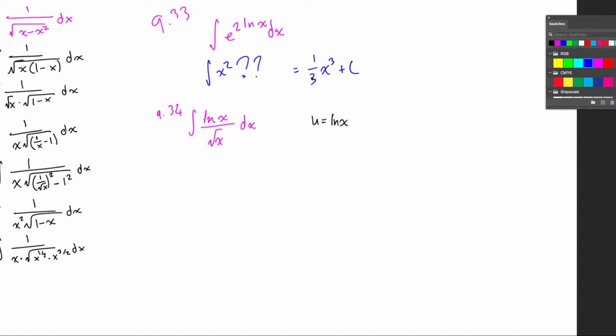That means du, right? Except we have a square root of x here.